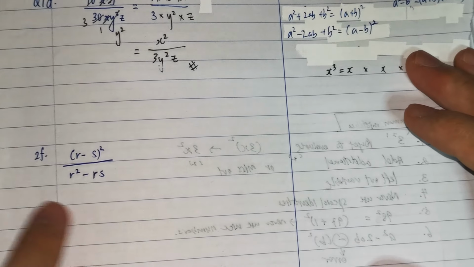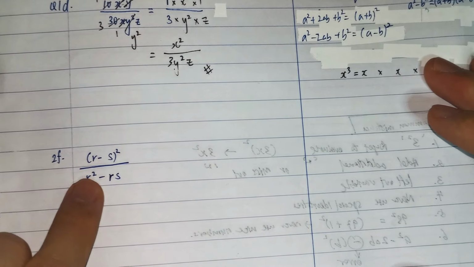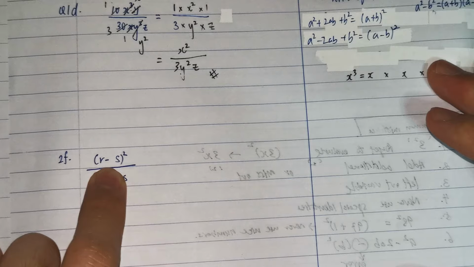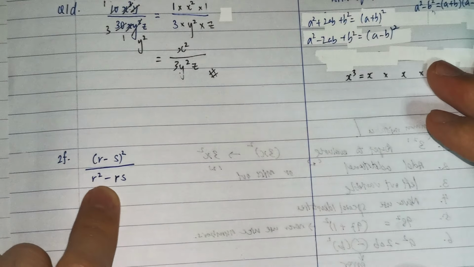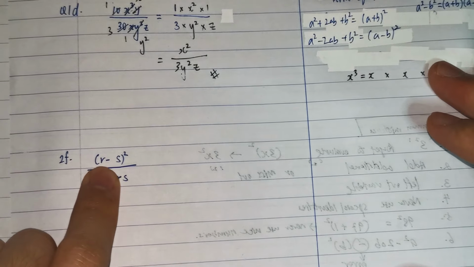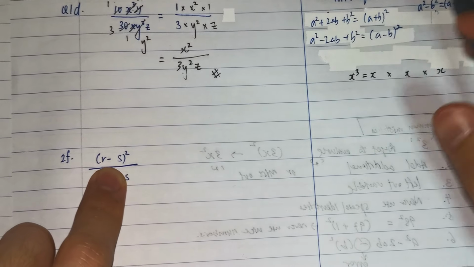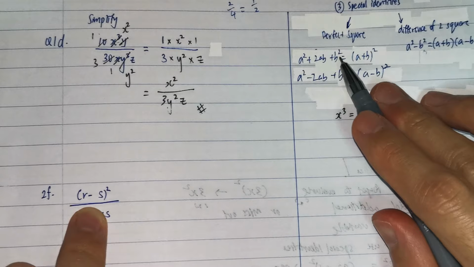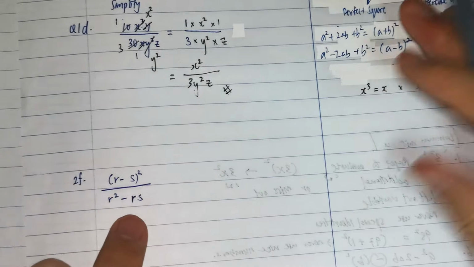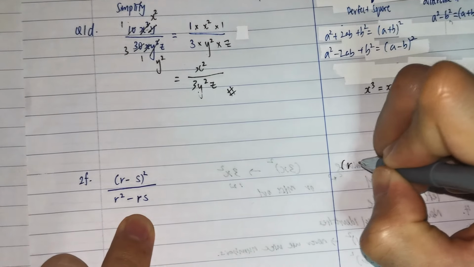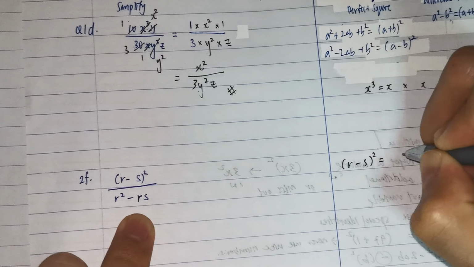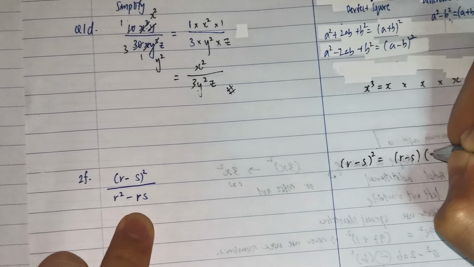Now let's move on to part B. No, 2f. So 2f, right, we have r minus s bracket square and r square minus rs. So r minus s bracket square, right, is actually our perfect square over here. So this means r minus s square equals to r minus s times r minus s.